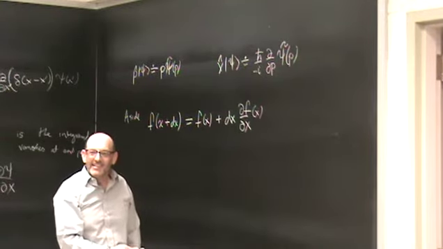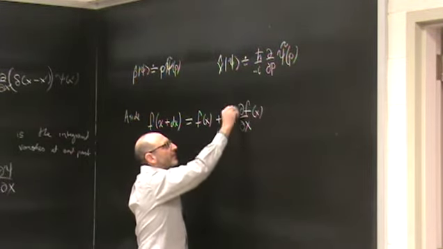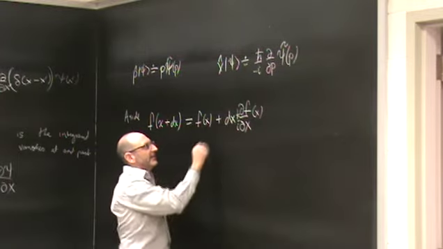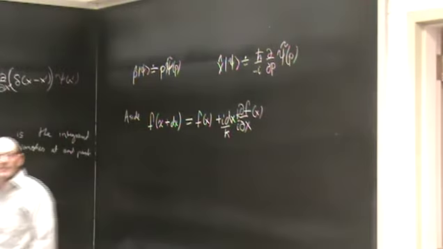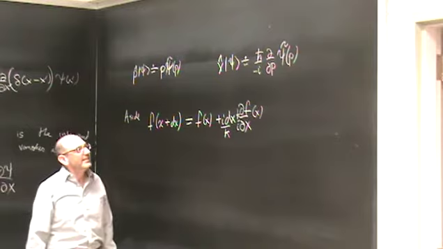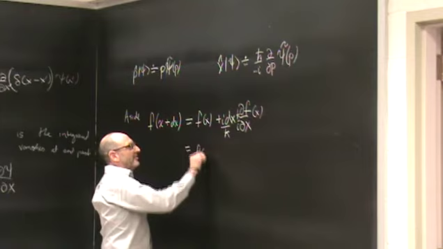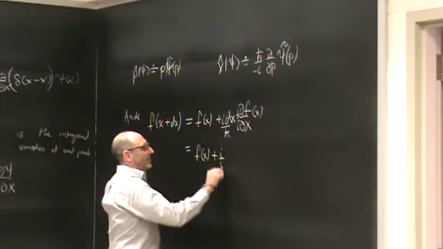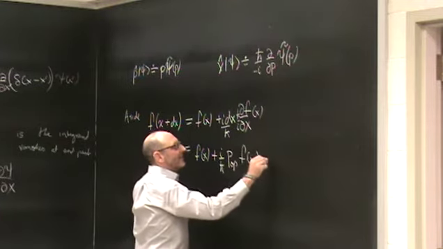But look at what that is. For fun, let me multiply this by i over h bar, and then write this as, well, look at what that is. This is equal to f of x plus i over h bar times the momentum operator acting on that, dx.